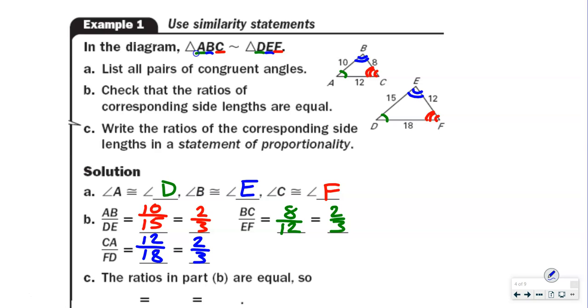The scale factor has to be the same with all of your corresponding sides for the figures, whether triangles or quadrilaterals or pentagons, anything. For them to be similar, all sides have to have the same scale factor or the same ratio, and that's what we call the scale factor. So this has a scale factor of 2/3.